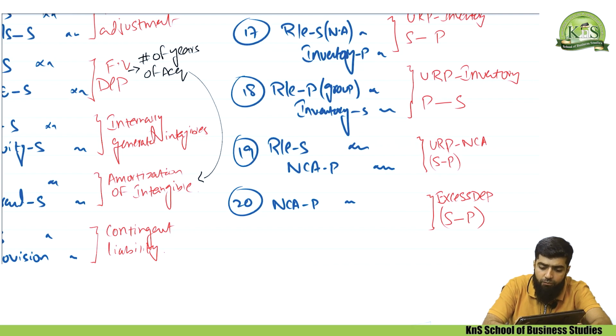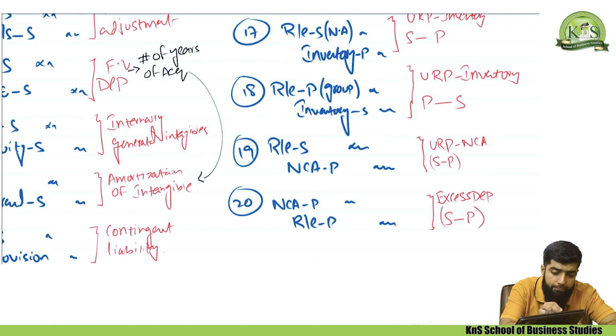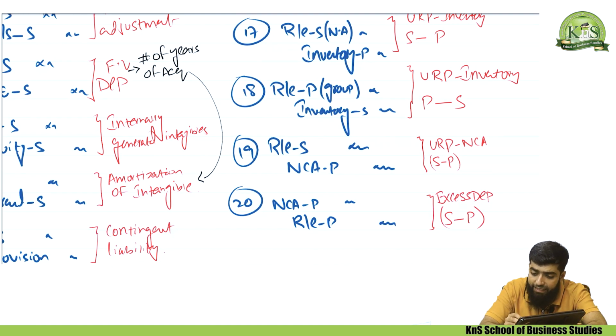So non-current asset of the parent company will be debited and retained earning of the parent company will be credited. But remember, this adjustment will be made with the amount of URP, or we can say the gain on disposal. And that second adjustment will be made with the amount of depreciation.